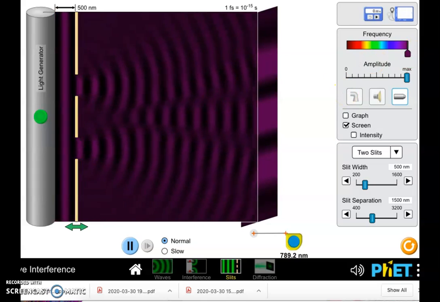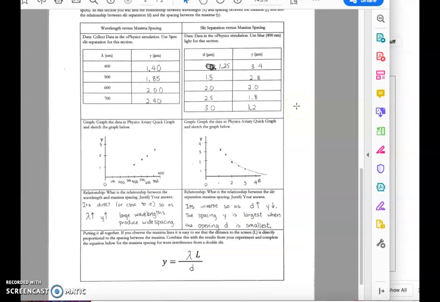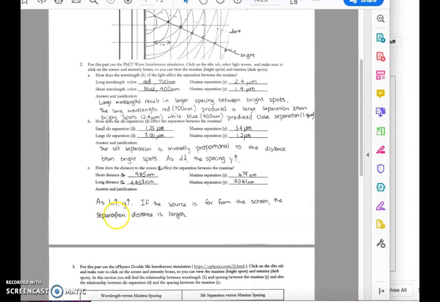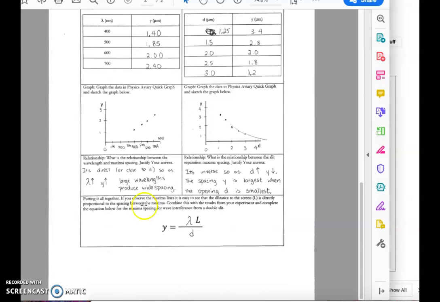Right? Part 3 of your lab then should have been super duper easy. For this, I was looking to change wavelength, measure Y, change D, the distance between the two slits, measure Y, graph, come up with relationships, and substitute into our equation. We figured out at the first page that if L goes up, Y goes up. So we know that's going to be direct, that'll be on the top.